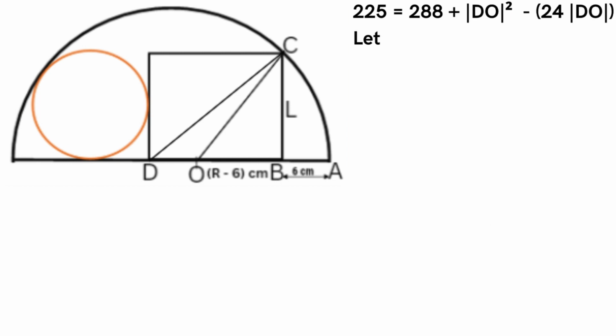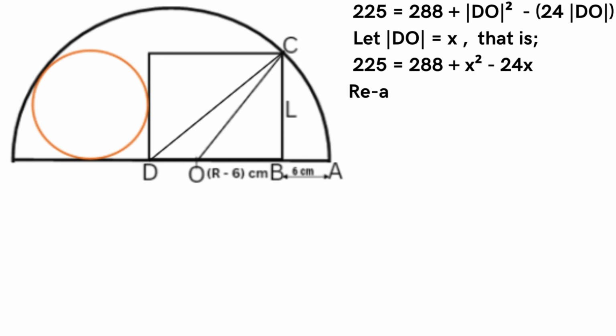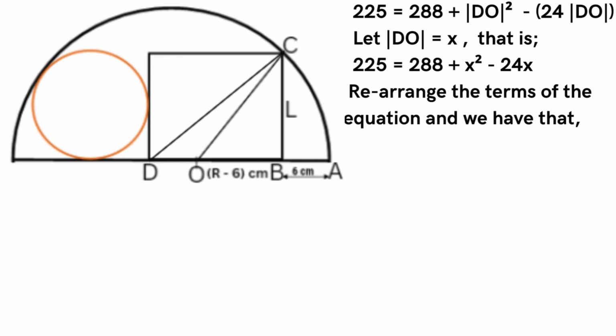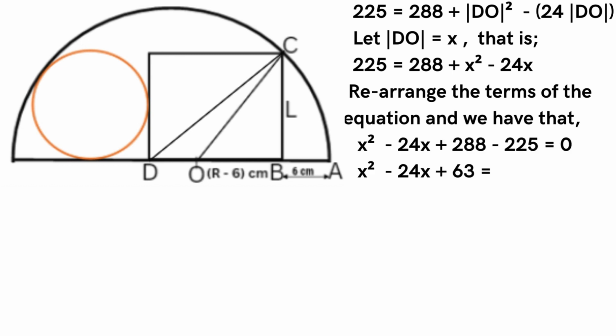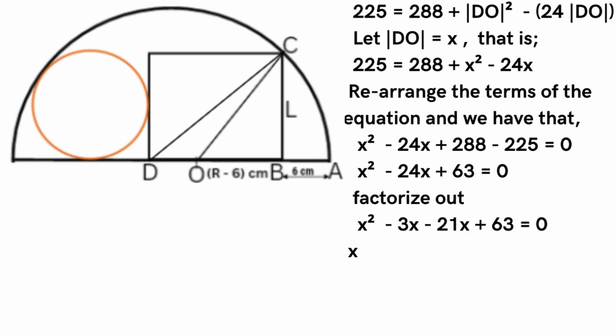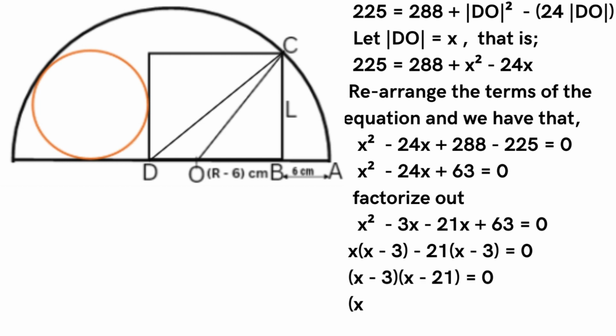225 is equal to 288 plus DO squared minus the product of 24 and DO. Let DO equal x. Substituting in the equation, rearranging terms to one side and factorizing, we have that x minus 3 is equal to 0 or x minus 21 is equal to 0.